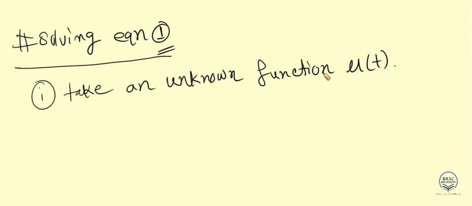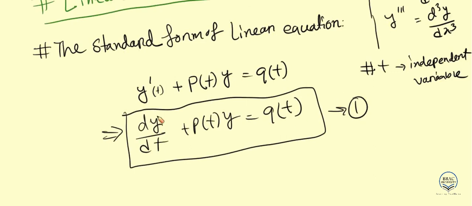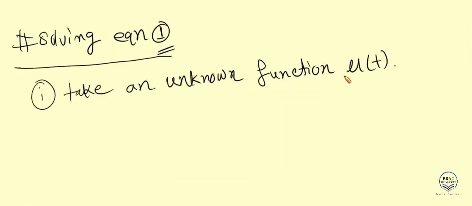This is at first an unknown function, but we'll see how we can get a formula for calculating this mu of t. And what we're going to do is multiply this mu of t on both sides of equation 1, that is this one.